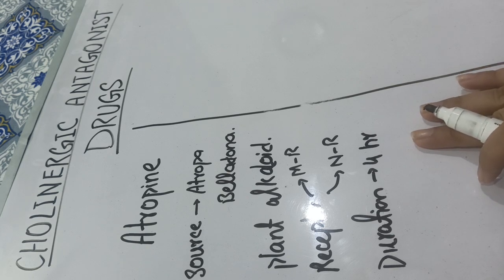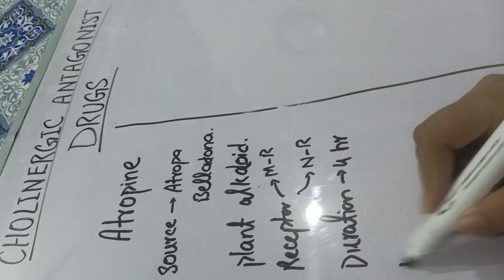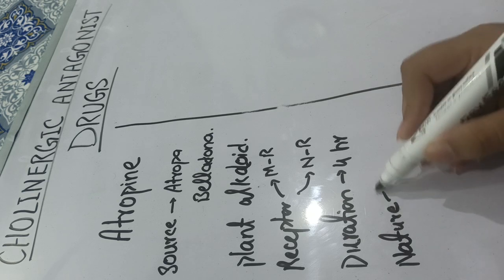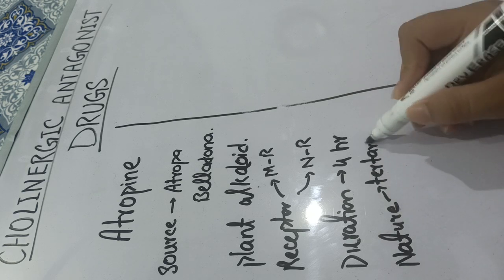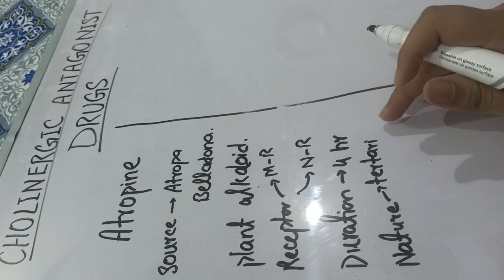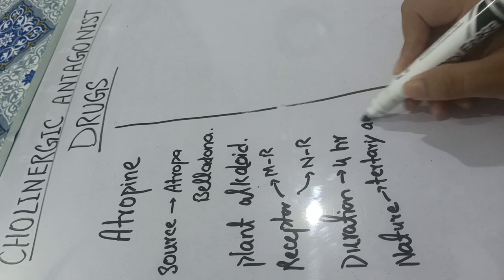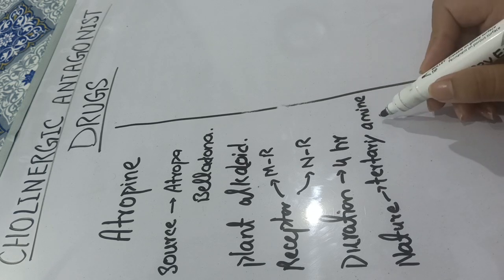Now we are going to discuss the nature of this drug. It is a tertiary amine. What is meant by tertiary amine? It means that it can cross the blood brain barrier and is non-polar in nature.